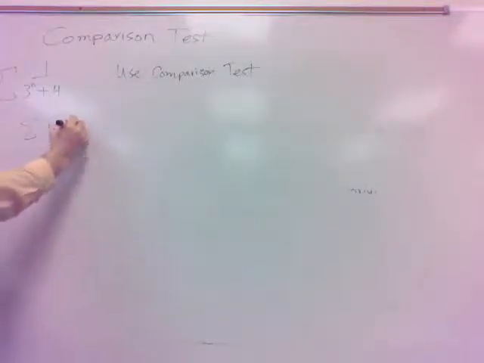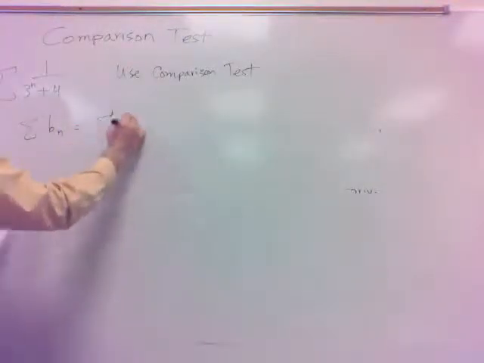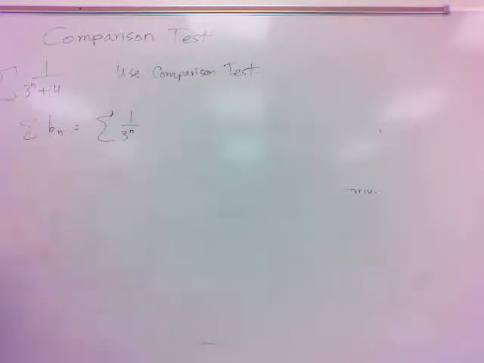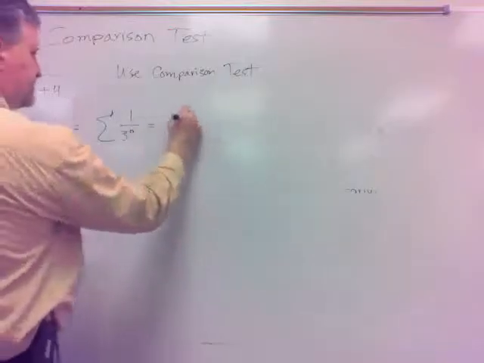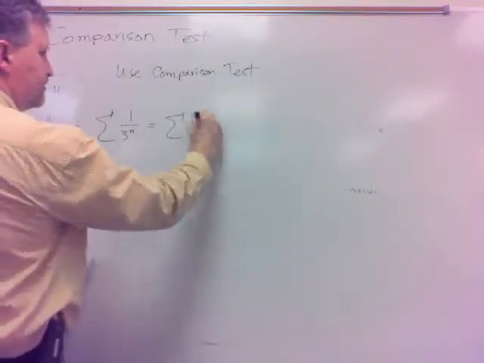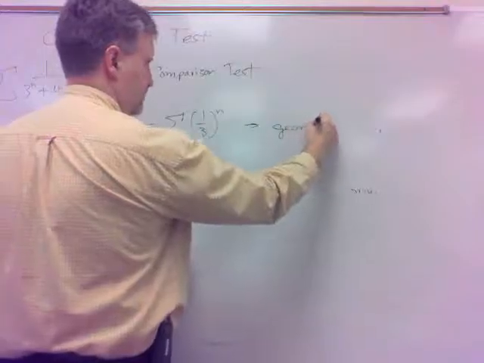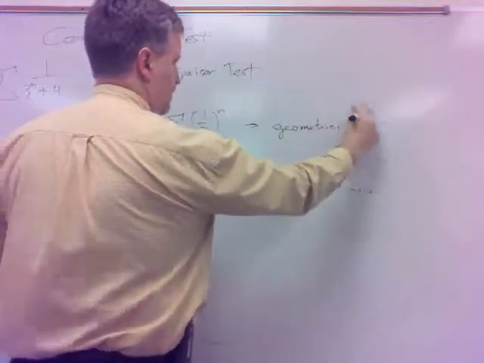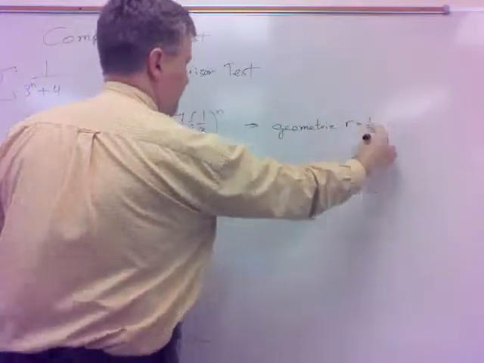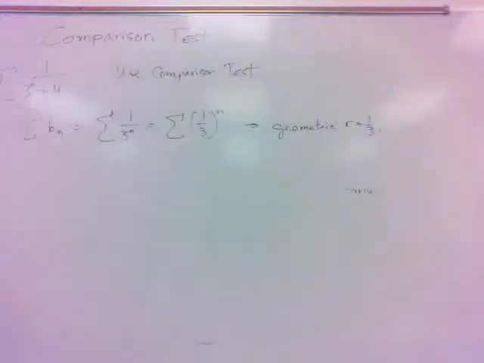What's B sub n going to be? Probably would go with 1 over 3 to the n. What do you know about that series? Well, that's also known as 1/3 to the n, which is geometric. R is 1/3. What do you know about geometric series with R equals 1/3? It's convergent also.